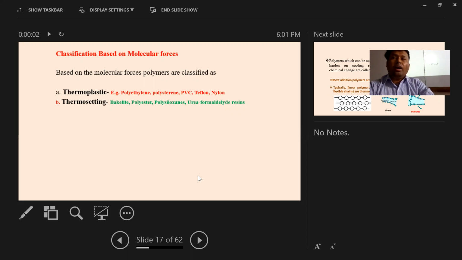What do we do with thermosetting plastic? Most of the time they are completely decomposed into other chemicals.